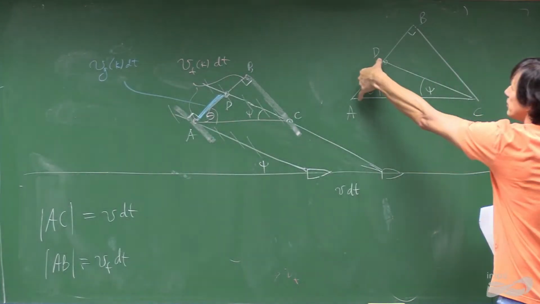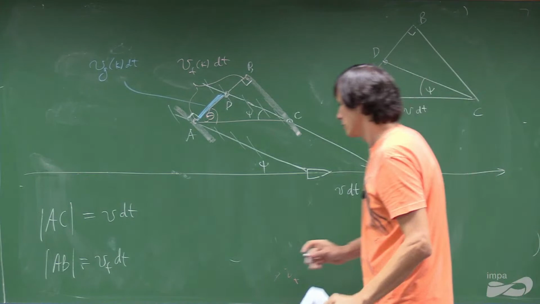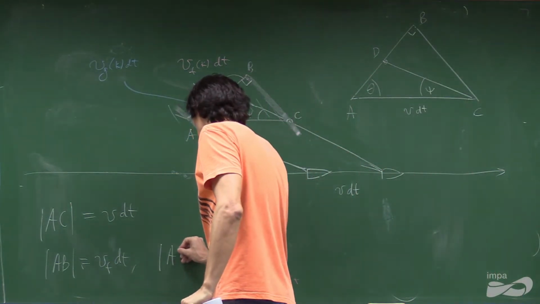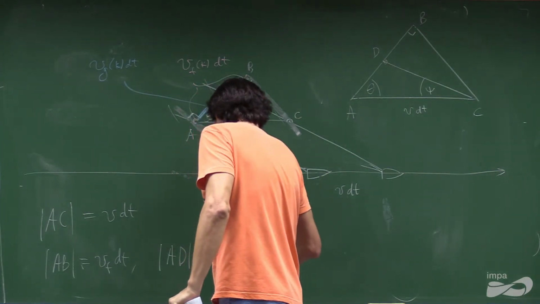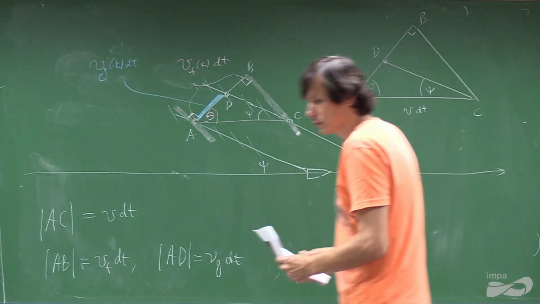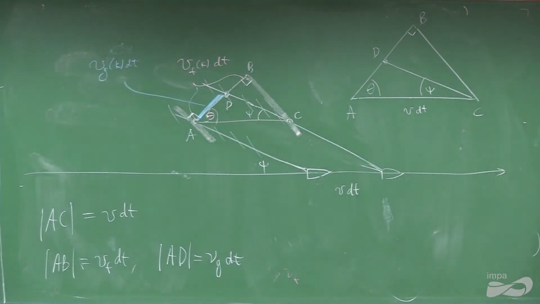And AD is the group speed times dt, the distance made by the wave train of a certain wave number. That's it. So that's our setup. The rest is just analysis of this triangle.